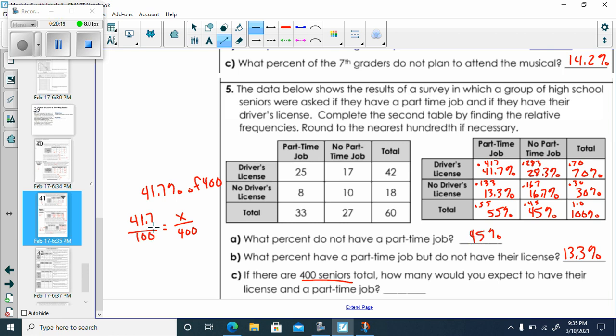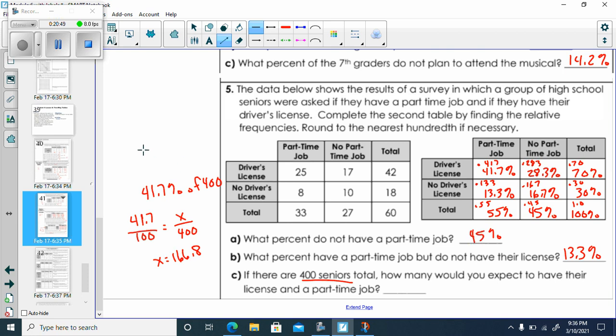Let's see. Clear, 41.7 times 400, divided by 100, 166.8. That's how many you would expect to have a license and a part-time job. 41.7% of the 400.